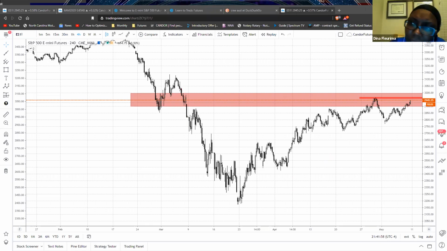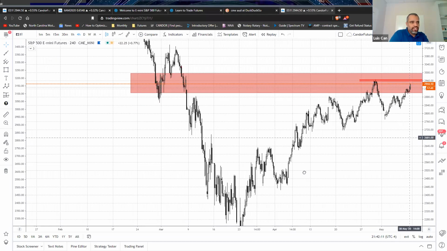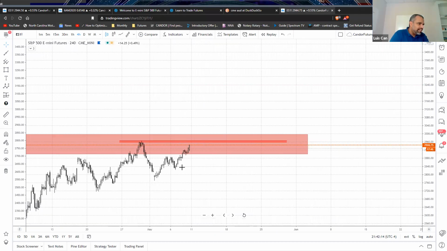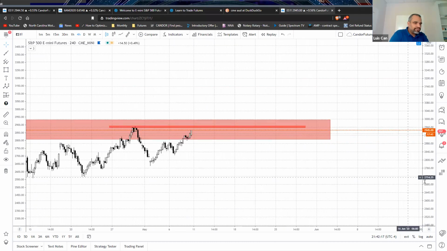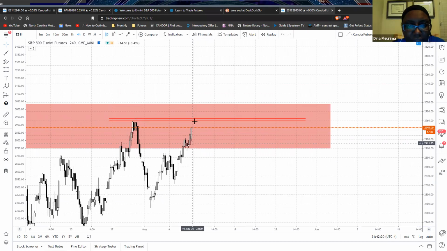So let me do this. By the way, look how the bulls are pushing, and we might be able to see what happens in this level. You see how far it was? Look where it is, almost there.